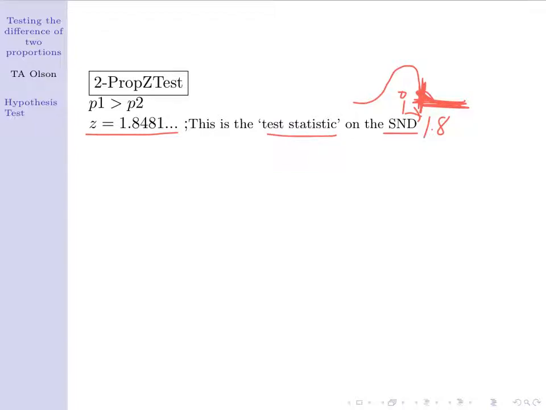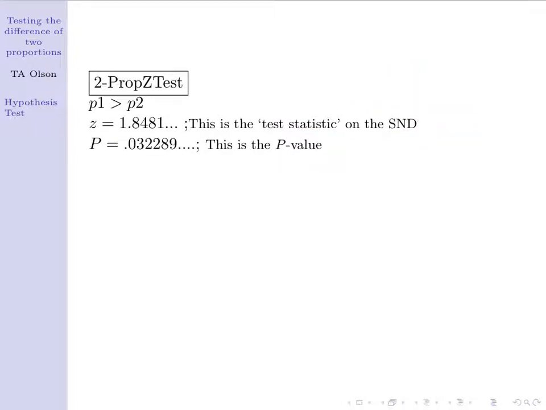And the p-value is the next thing that pops up. Our p-value of 0.032289. It's the probability, assuming the null hypothesis is true, assuming that these things are equal, of getting a value as extreme as we have.